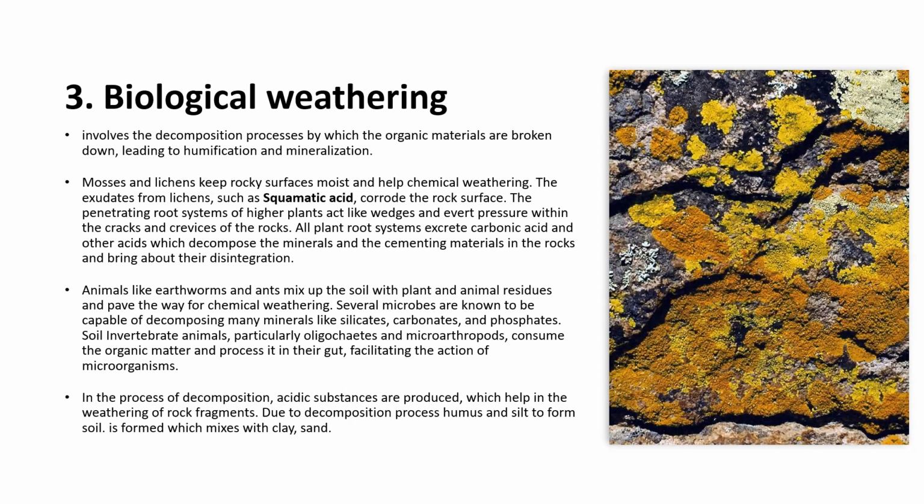Soil invertebrates, particularly oligochaetes and microarthropods, consume the organic matter and process it in their gut, facilitating the action of microorganisms. In the process of decomposition, acidic substances are produced, which further help in weathering of rock fragments. Due to decomposition process, humus is formed, which mixes with clay, sand, and silt to form soil.